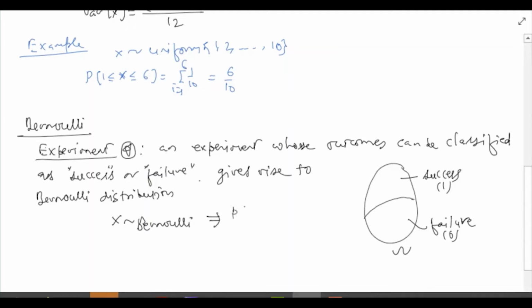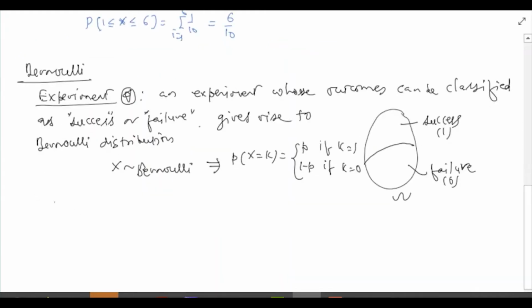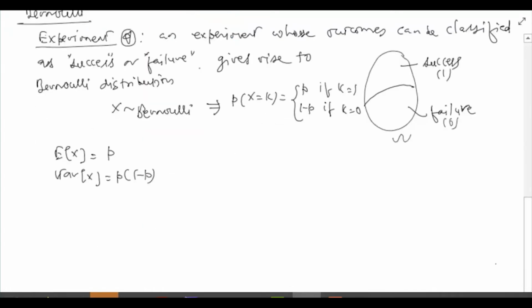So the probability that X is k is p if k is 1 and it is 1 minus p if k is 0. One can easily see that the mean and variance of these random variables are p and p times 1 minus p respectively. In fact, we had seen this calculation in the previous lecture.